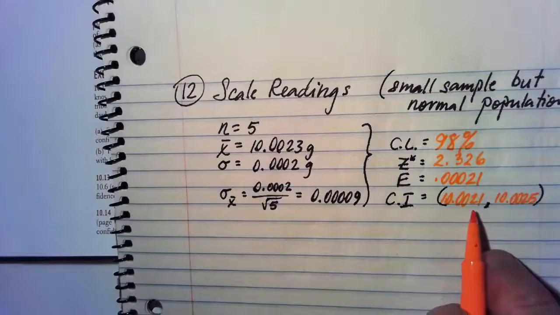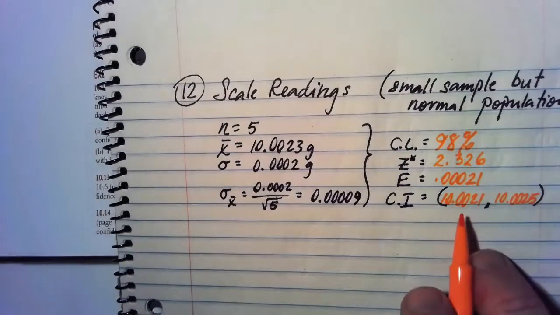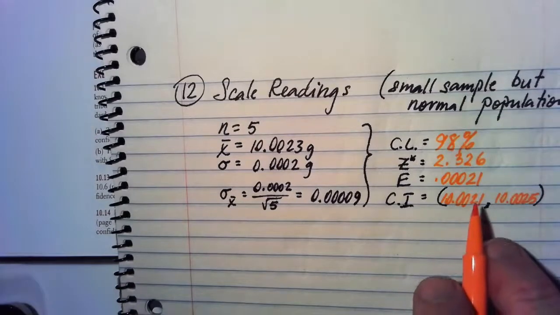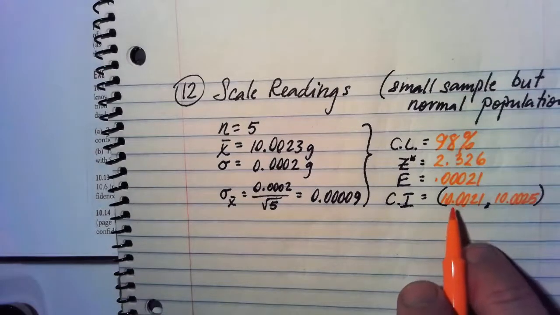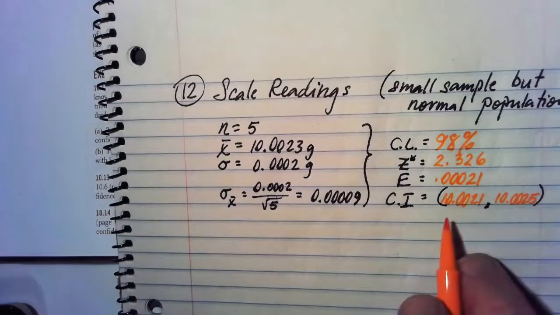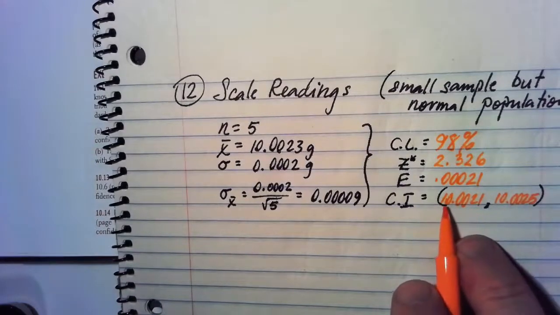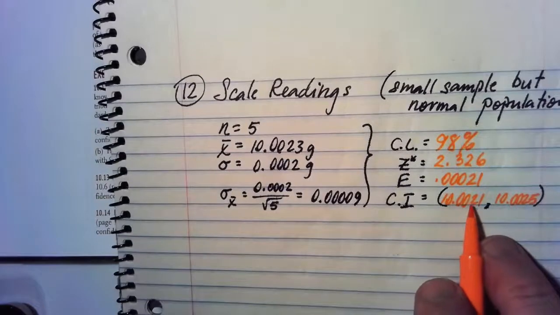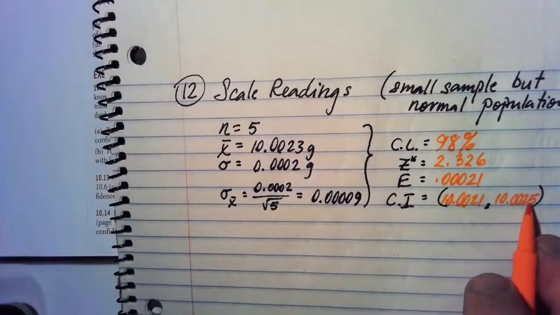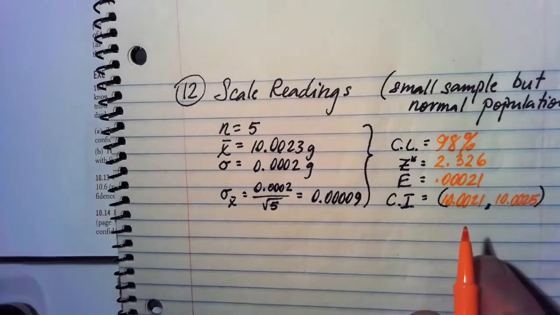And probably one of the reasons we did this is to see, is it always going to be above? Are these scales biased to overestimate 10 grams? And sure enough, we have a 98% chance that the true mean error is between 0.0021 and 0.0025. In other words, definitely above 10.